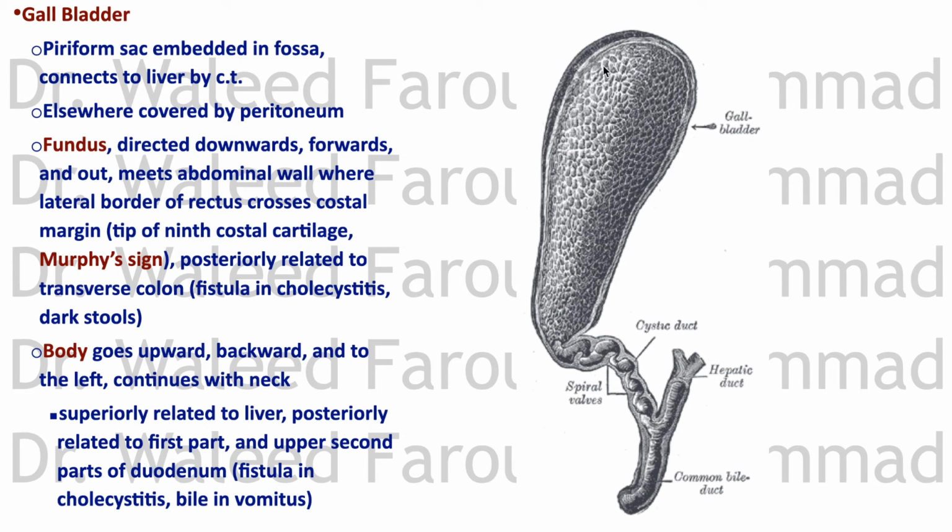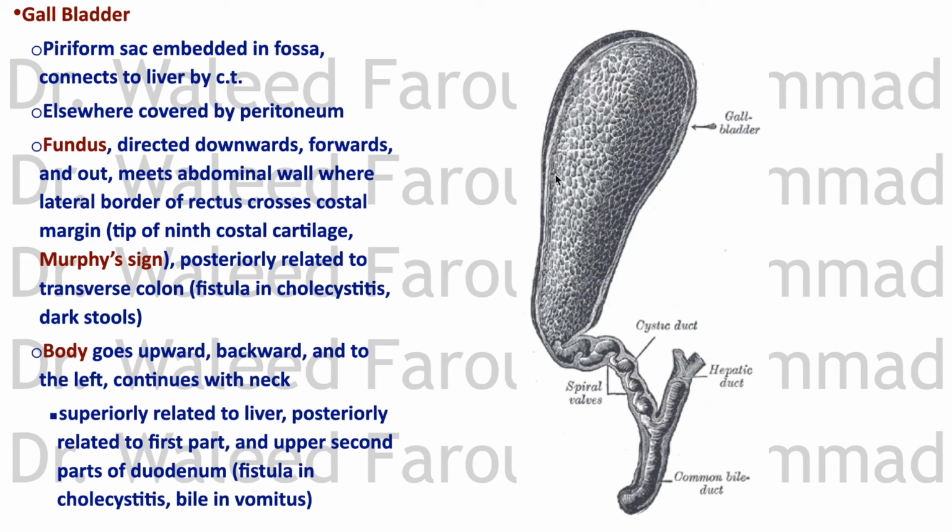The fundus of the gallbladder is present at the tip of the ninth costal cartilage, approximately at the junction of the midclavicular line and the transpyloric line, as we studied before. And so it projects beyond the inferior border of the liver and touches the anterior abdominal wall, and behind it is the transverse colon.